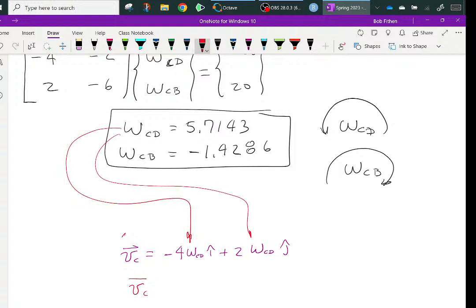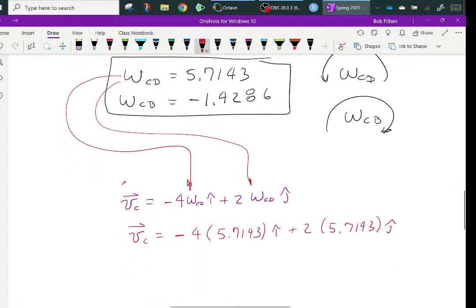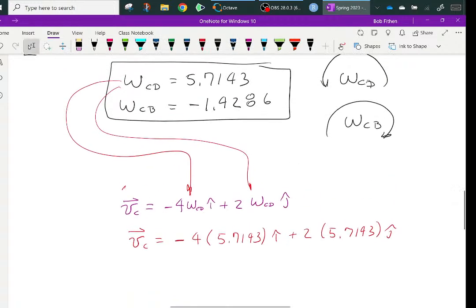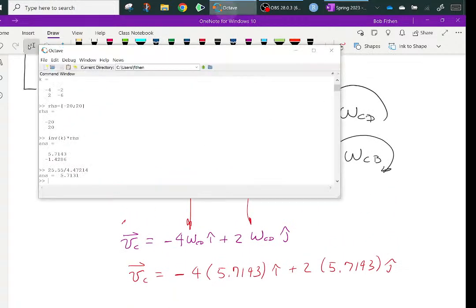So velocity of C is equal to minus 4 times 5.7143 I plus 2 times the same 5.7143 J. I guess by the time I pull out my phone and do that other thing, I could just multiply it.